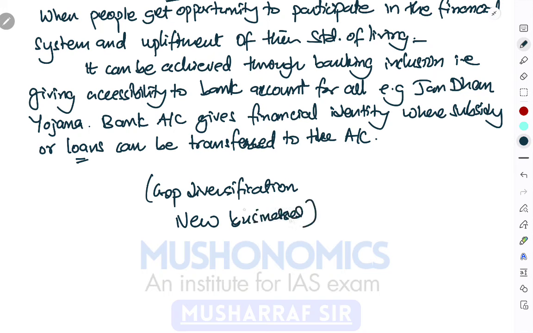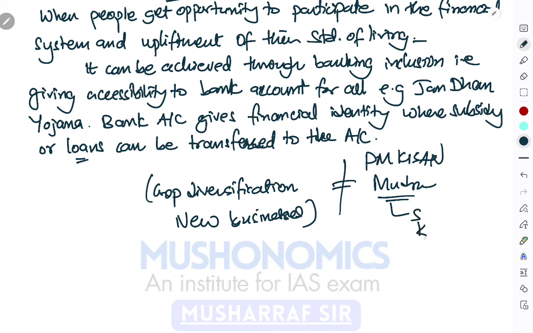So we are having the PM Kisan Samman Nidhi scheme. Mudra Yojana we are having for loans for the MSME sector, with Shishu, Kishore and Tarun loans for small enterprises. Kisan Credit Card is also there. These things are related to financial inclusion.